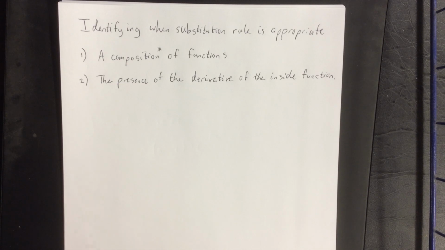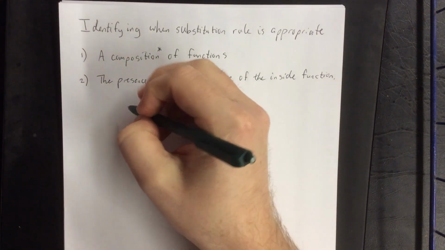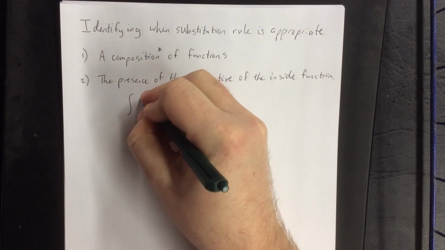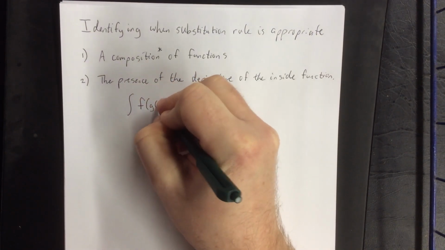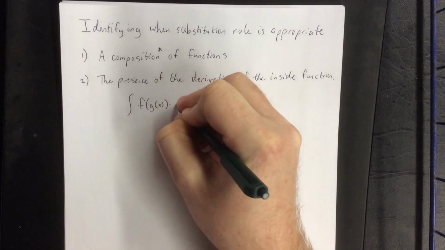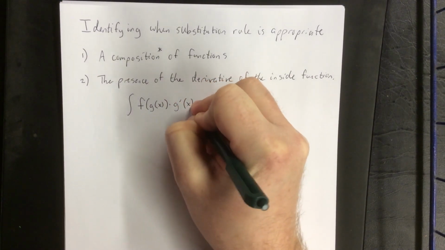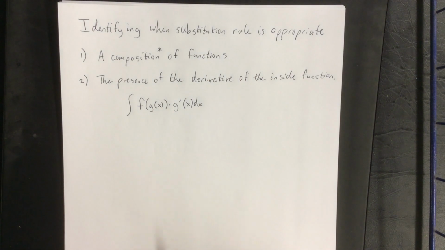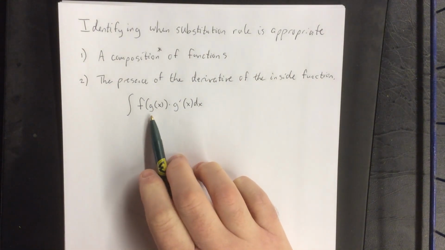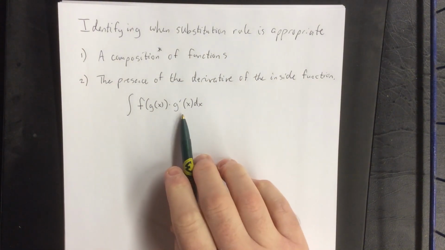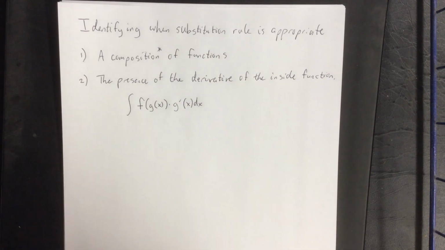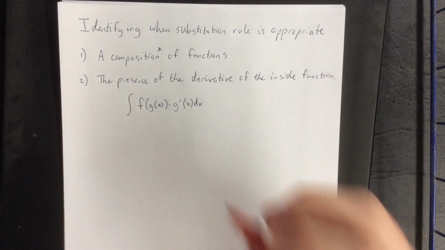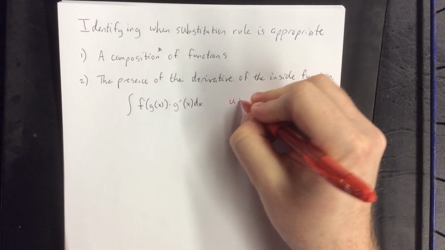Now that's for when we make our differential substitution. To put this in as general form as possible, a substitution is going to be taken anytime we see both of those things. This would be considered a composition of two functions, and this is the presence of the derivative of the inside function. The substitution that we would make is on the inside function.